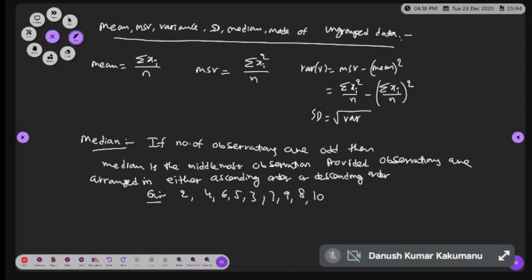How many observations are there? 9 observations are there. What is the median?